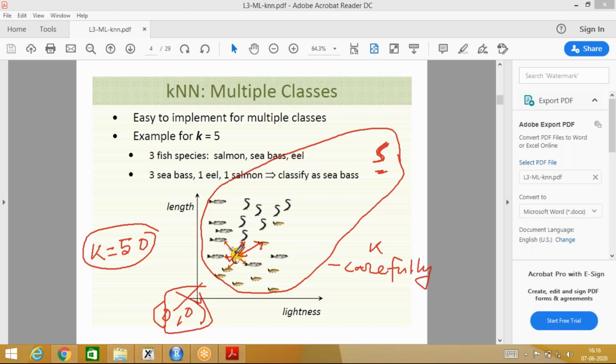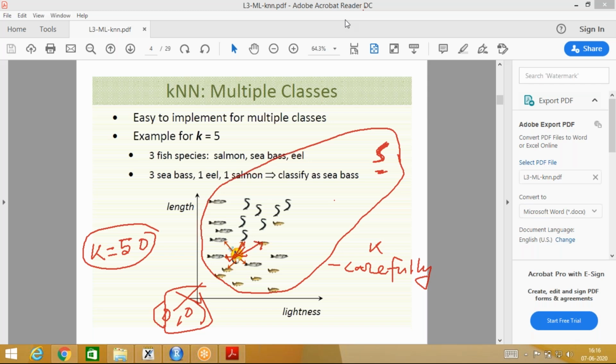Now, for this person, I have this, as Sancheta told. I have measured it. So what are my x variables?